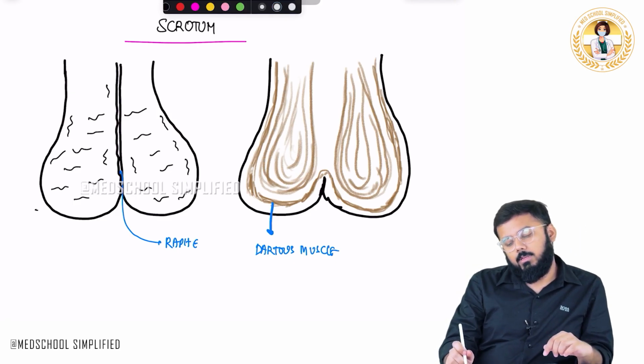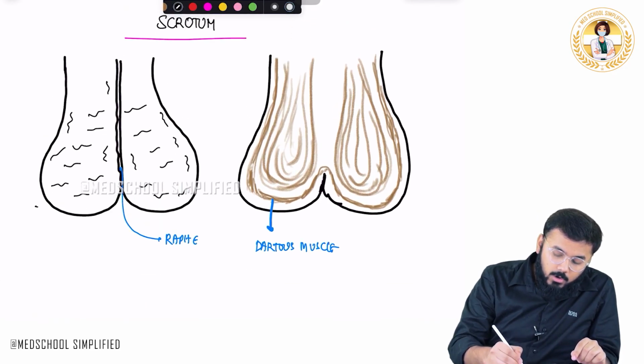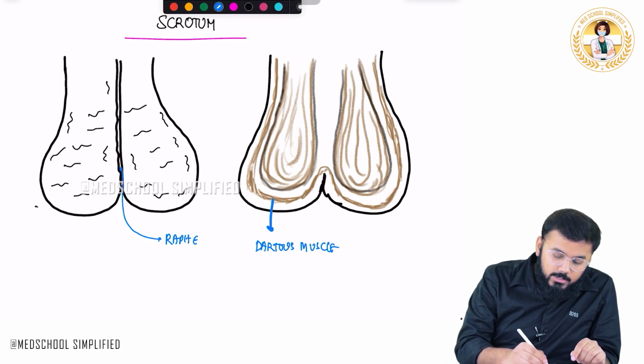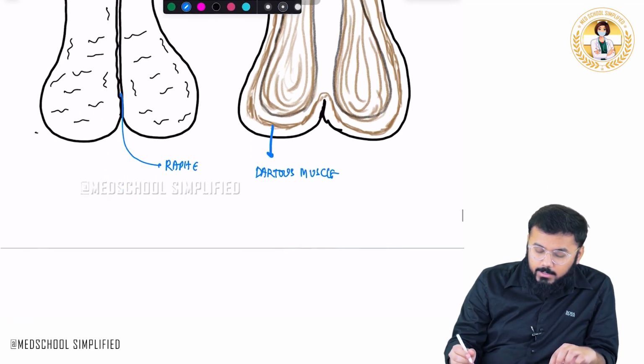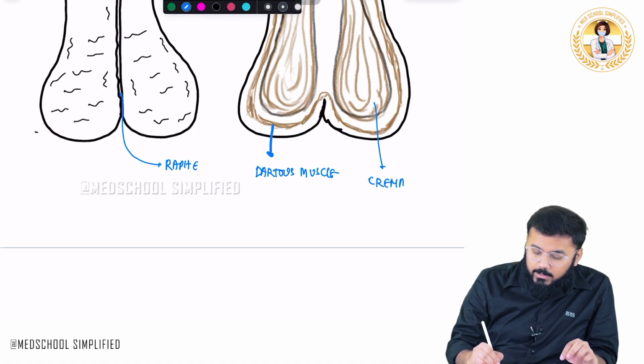This muscle which you can see over here is called the cremasteric muscle. Let me draw the border line of this cremasteric muscle so that it is easy for you to identify. You see this particular muscle over here, right? This one is called the cremaster muscle.